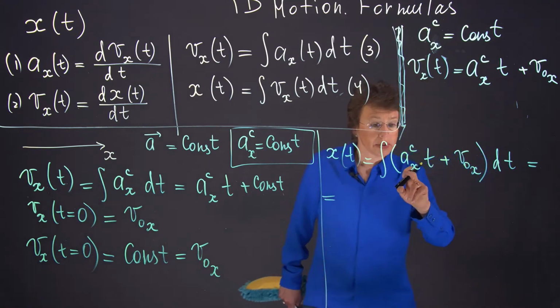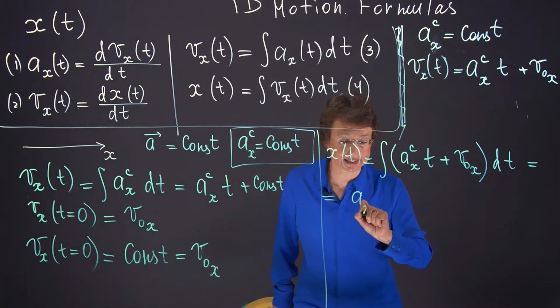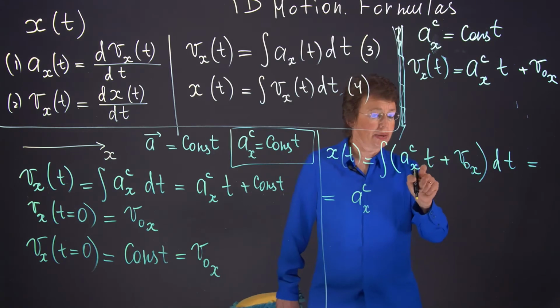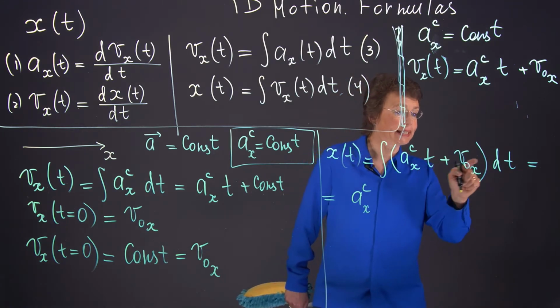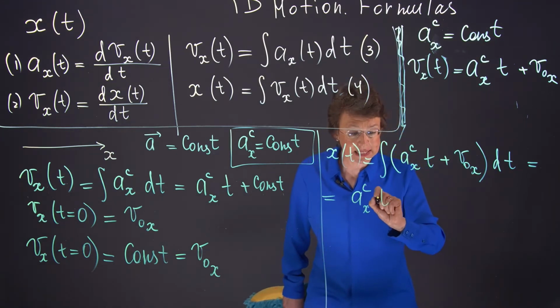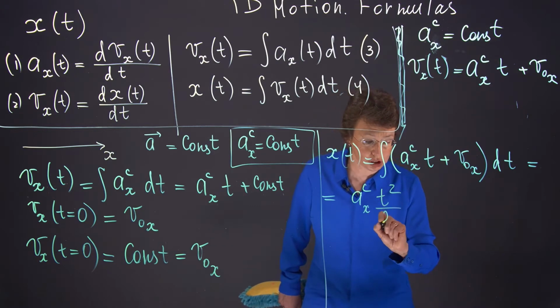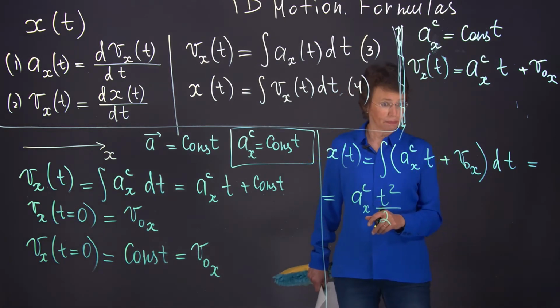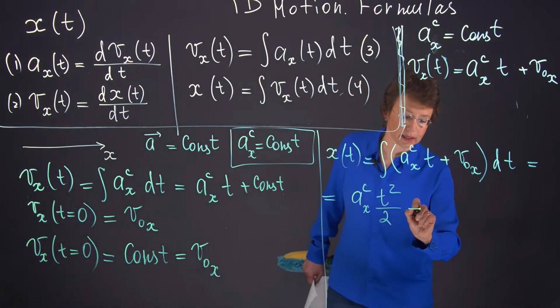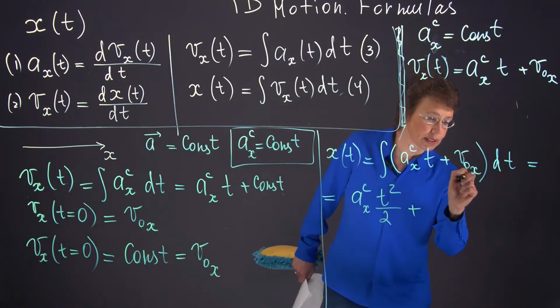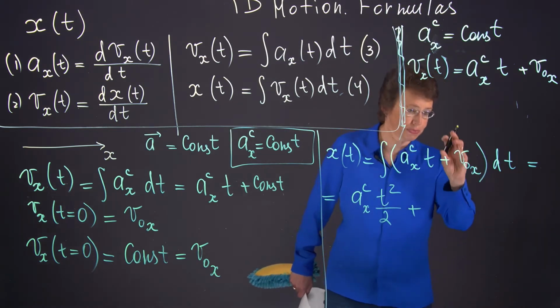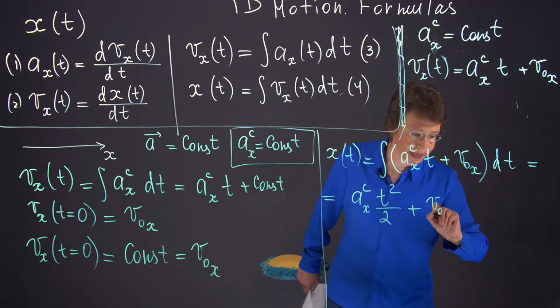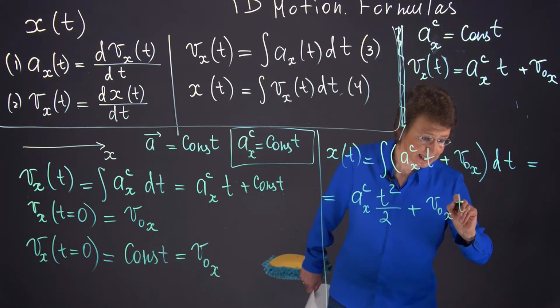What is it? This is constant. I take it out of the integral. And then integral t dt gives me t squared over 2, right? Okay, plus this is constant initial condition, something that was measured, v naught x t.